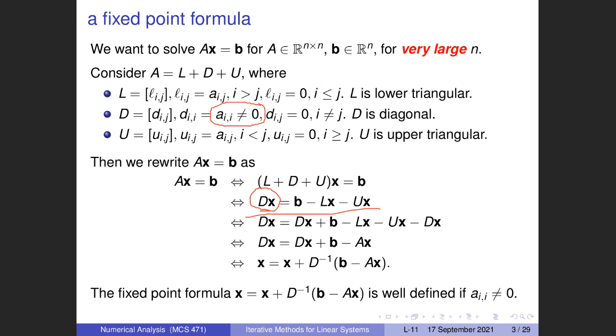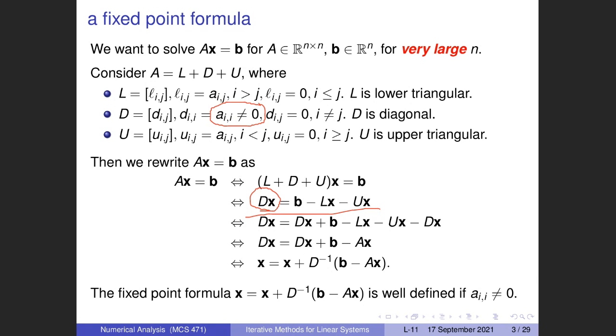And the first condition is already that the elements on the diagonal better not be zero. And actually they better be large as well, as we will see later. If we do have small elements on the diagonal, well, we can always interchange rows like we did with the row pivoting. So we have our fixed point problem that is already here underlined.